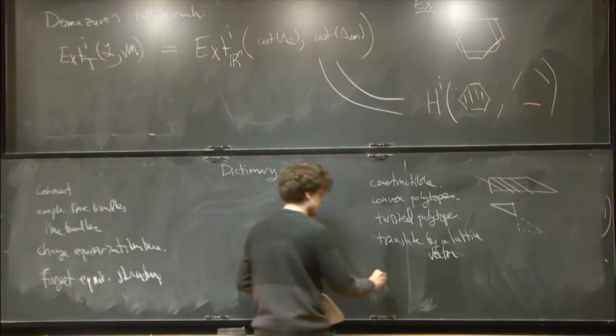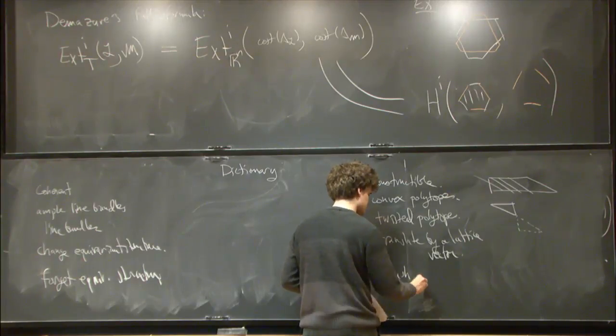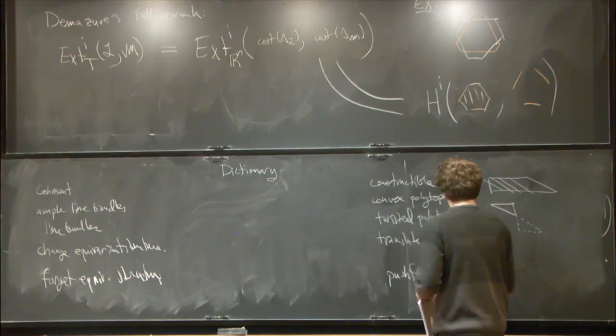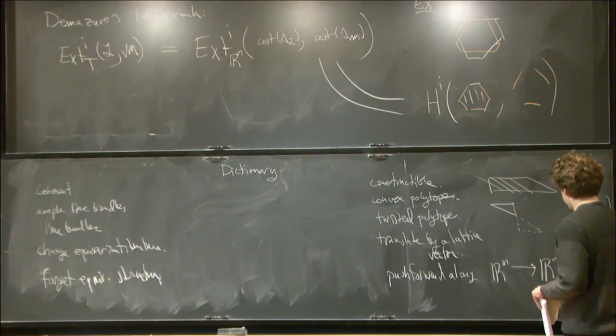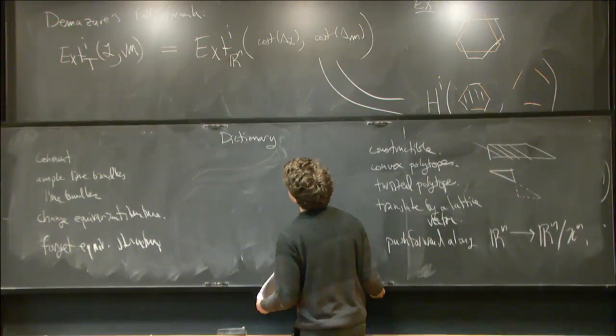That corresponds to pushing a sheaf forward along the map from Rn to Rn mod Zn. Which I guess maybe that's actually what Bondal proved, was this non-equivariant version.